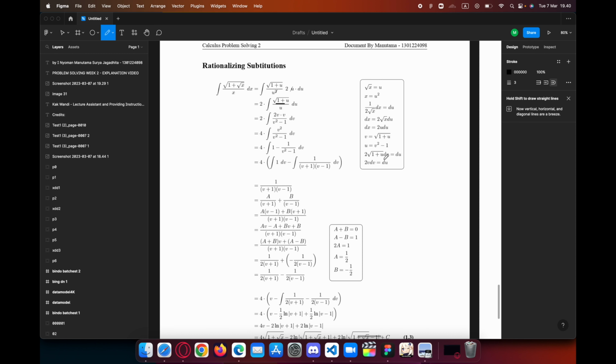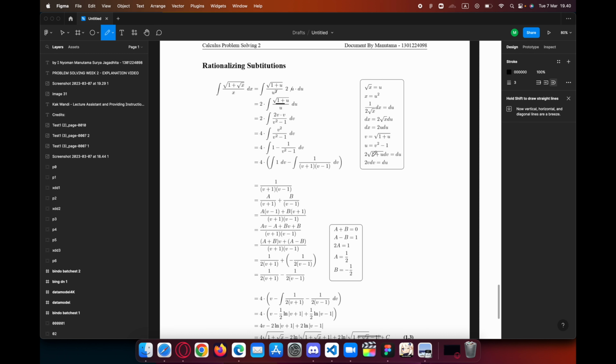Also for du, we need to take the derivative of this one, which becomes 1 over 2 square root of 1 plus u du equal to dv.